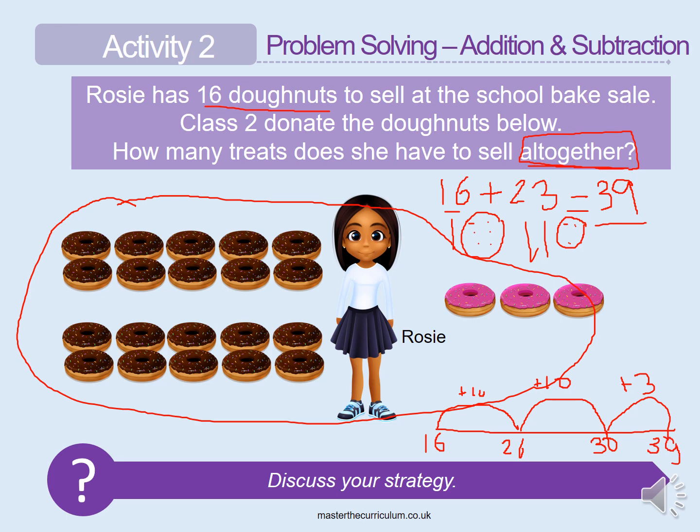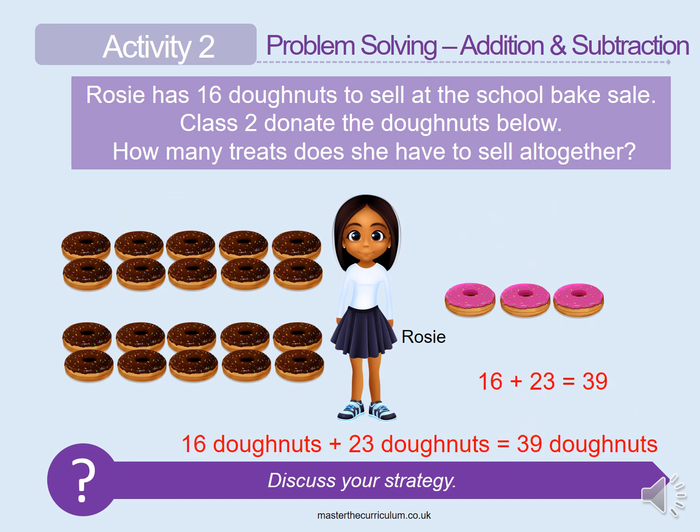So there's 2 strategies that you could use there. So we have 16 donuts, add 23 donuts, equals 39 donuts. There's the calculation. 16 plus 23 equals 39. So think about the strategies that we've been learning over the year.